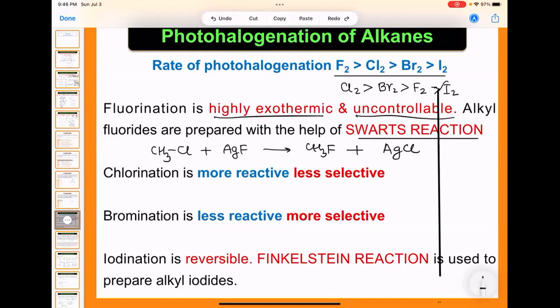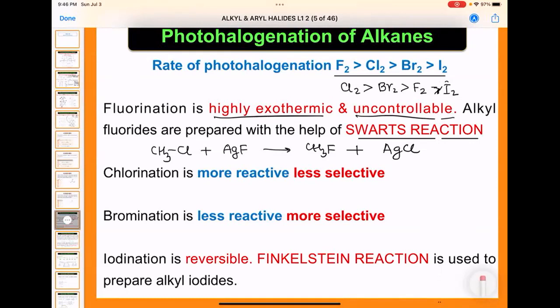Iodination you expected to be the fastest. Clear? Because iodine is the weakest, it is the largest of all. So you expected that it is going to react very quickly, it is going to break very quickly. That's true. It requires the least energy to break into I radical.